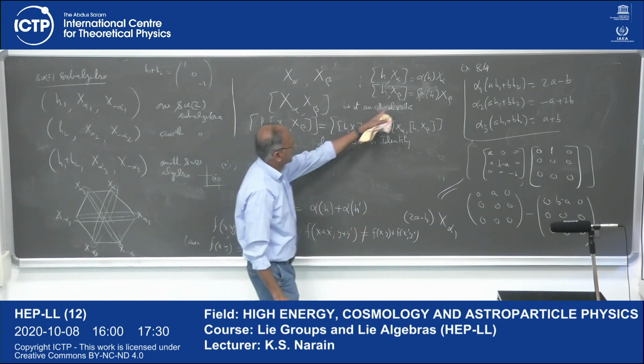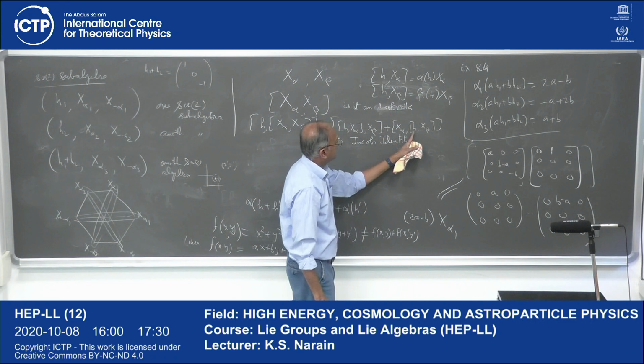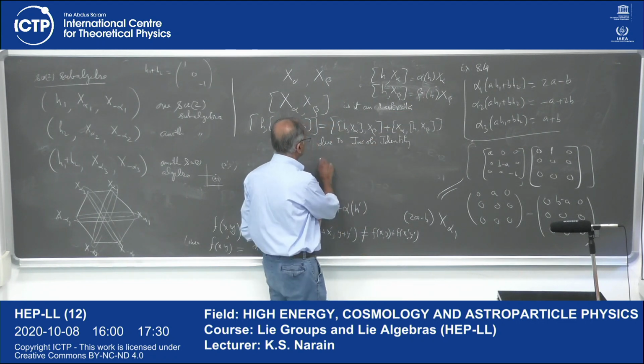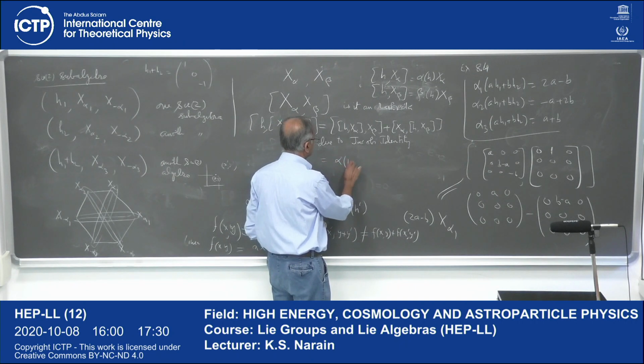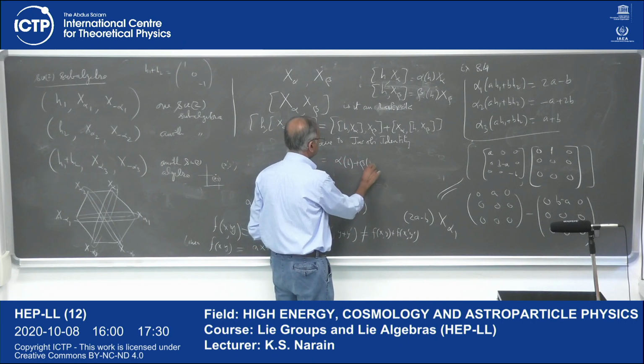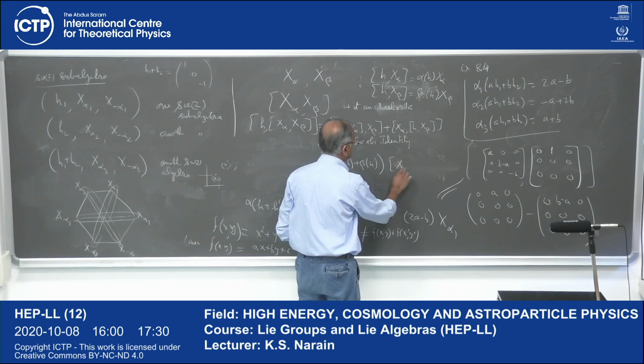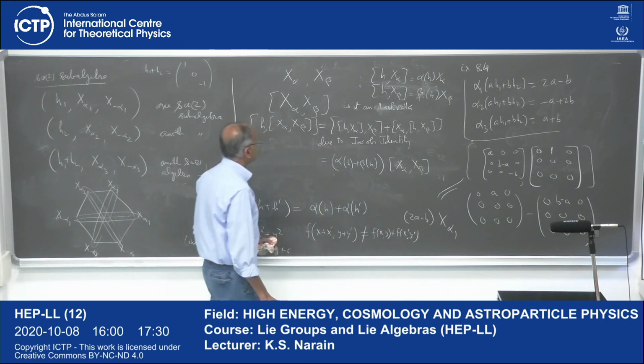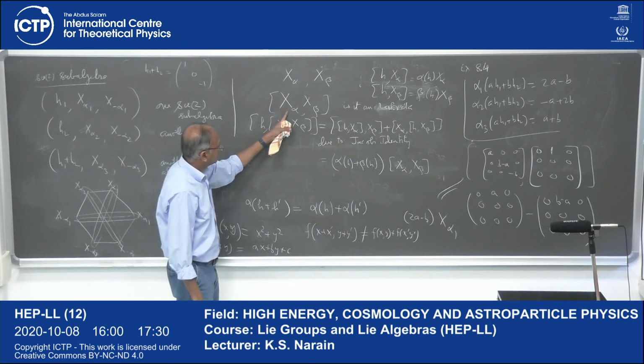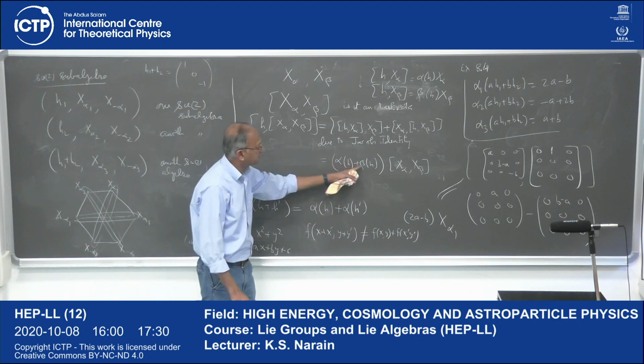But this I know: it is alpha(h) times x alpha, and beta(h) times x beta. These are numbers, I can take them out. So that's the same as alpha(h) plus beta(h) times [x alpha, x beta]. So that means this is a root vector, and the corresponding root is simply alpha plus beta.